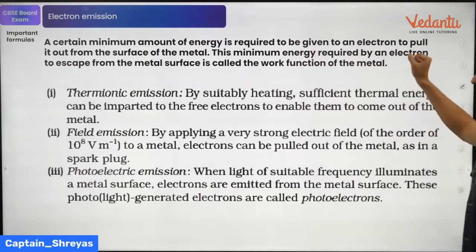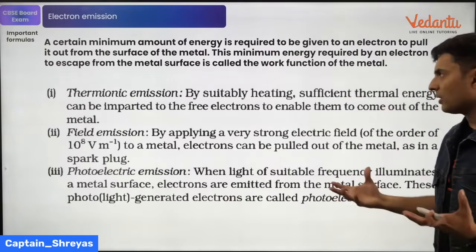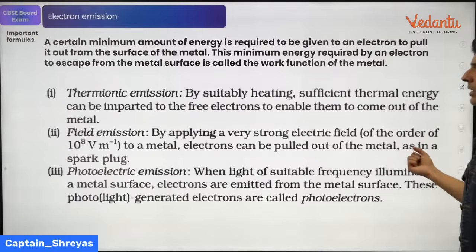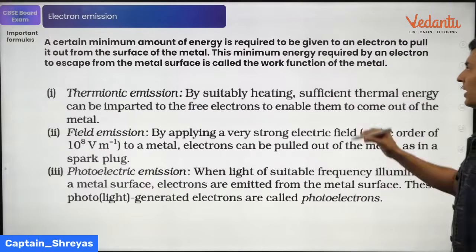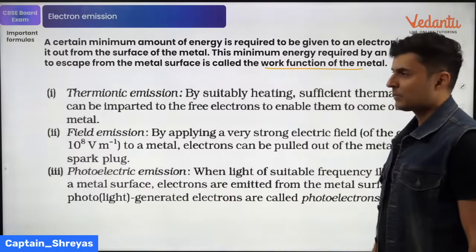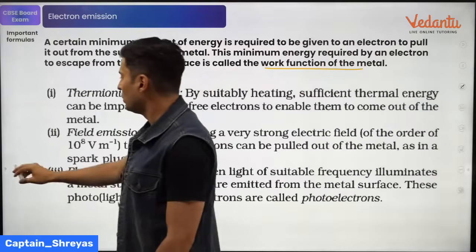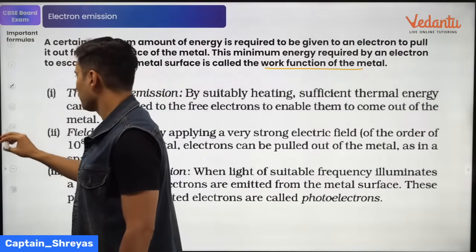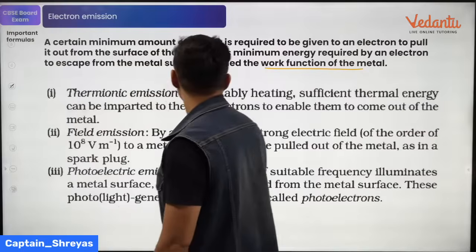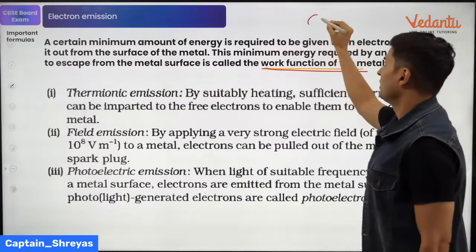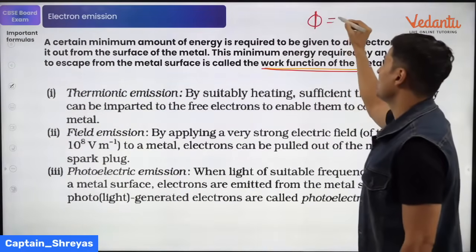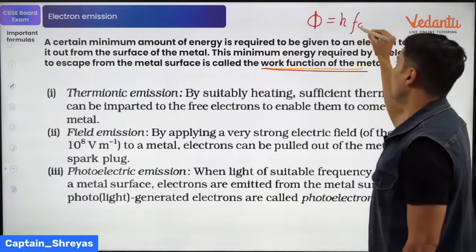There is a certain amount of energy which is required to take out an electron from any object or metal. This energy required to take that electron out is called the work function of the metal. Standard thing. And you should know the formula for work function also. That's the minimum energy required for taking it out. The formula for work function is h times f naught.